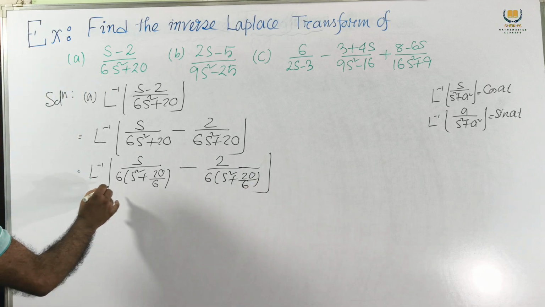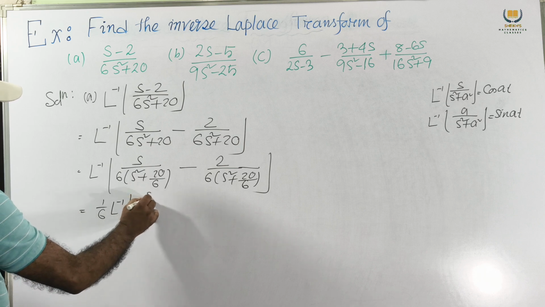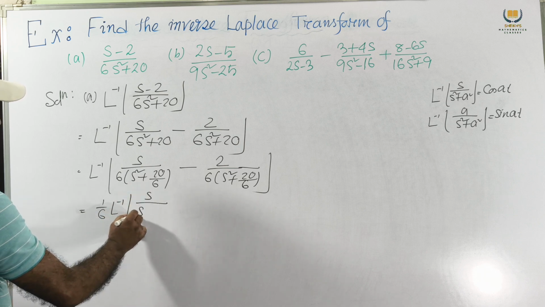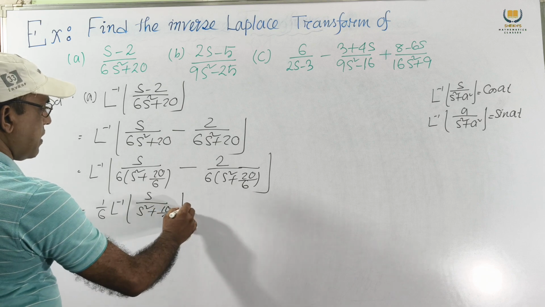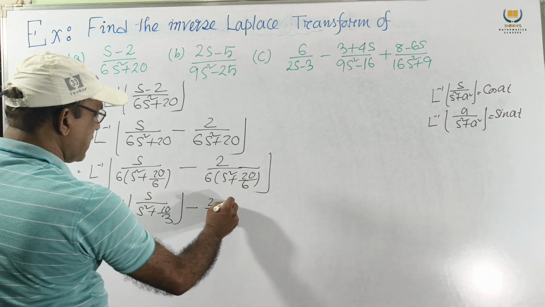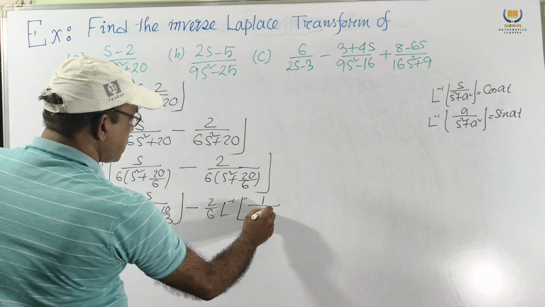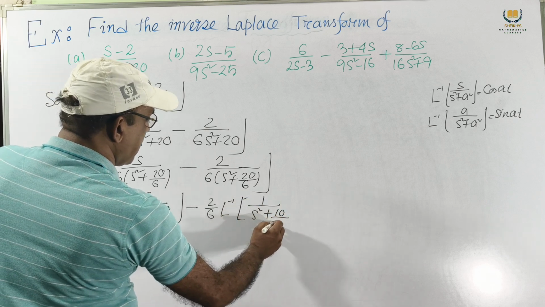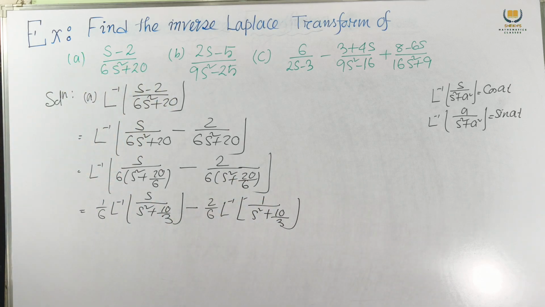Now we separate this: 1 by 6 outside, L inverse of s by (s square plus 10 by 3), and 2 by 6 outside, L inverse of 1 by (s square plus 10 by 3), after cancelling we get 10 by 3.